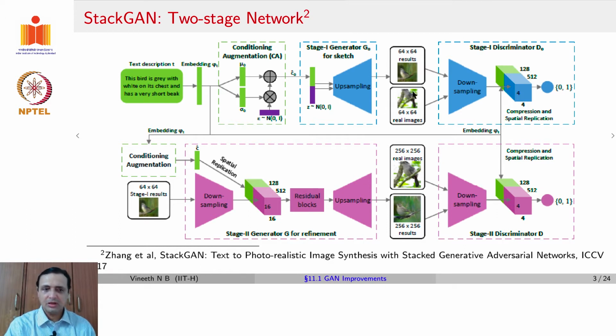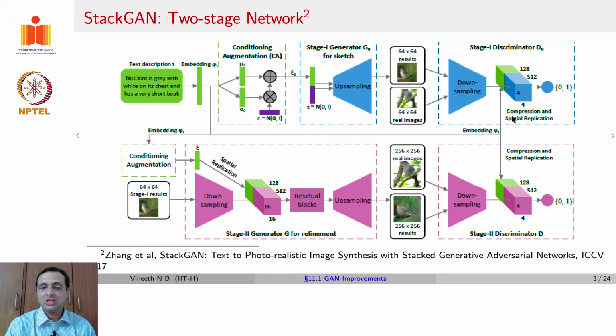The second stage, the results of the first stage is given as input along with the embedding of the text again. Both of these then go through the second generator stage. So you can see here that the image goes through a downsampling, then the text embedding is concatenated to that downsampled representation. This then goes through a set of residual blocks, which is then upsampled to get the final output 256 cross 256 image, which is what you see here.